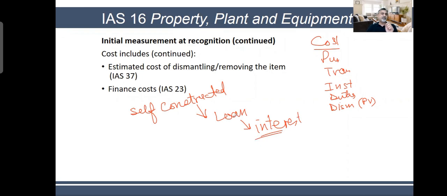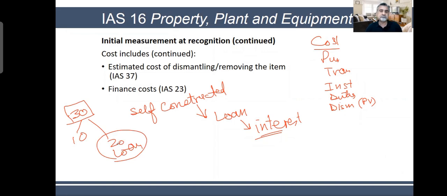Generally speaking, when you take a bank loan and you pay interest, interest goes to your income statement as finance cost for normal purposes. But if you take a loan because we had to build a factory which cost 30 million, and we didn't have 30 million, we had only 10, and 20 million we took a loan. So this 20 million loan was purely taken to self-construct the asset.